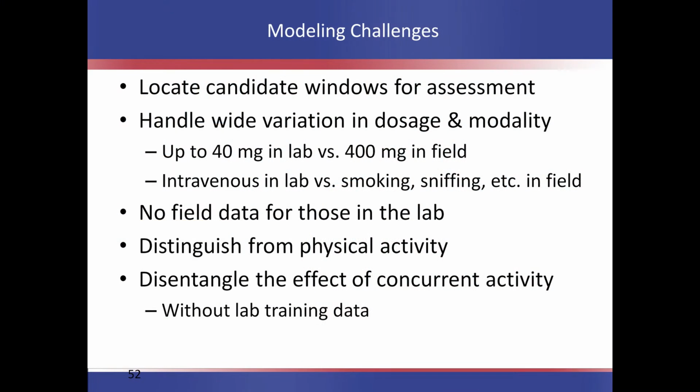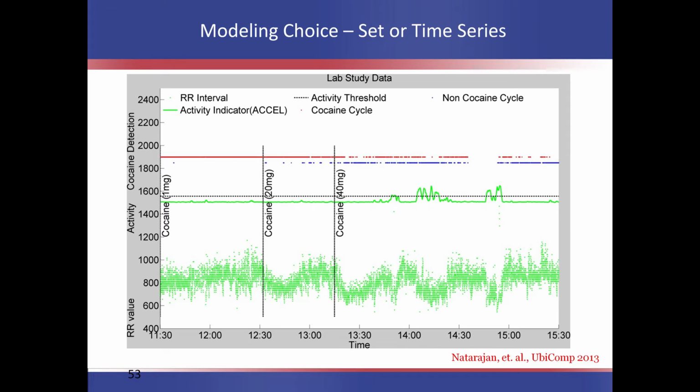So we need to not only distinguish from physical activity, we need to disentangle the effect of concurrent physical activity from that due to cocaine. And without having any lab training data, meaning we couldn't ask people after administering cocaine to them that now please walk on a treadmill.